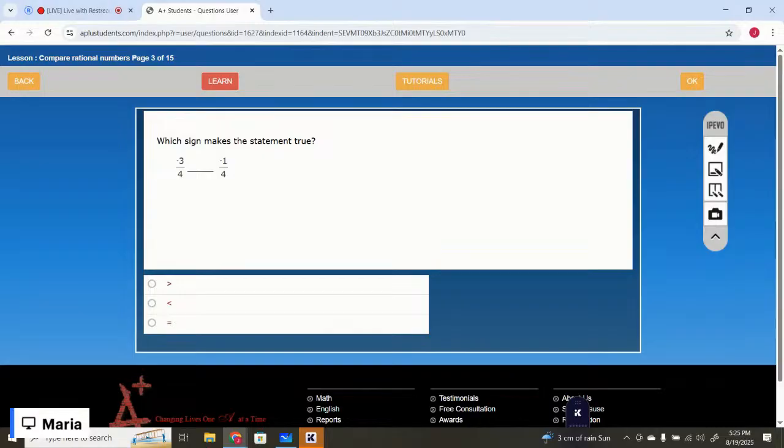Negative 3 by 4 is less than negative 1 by 4. Negative 4 by 5 is less than negative 3 by 5.